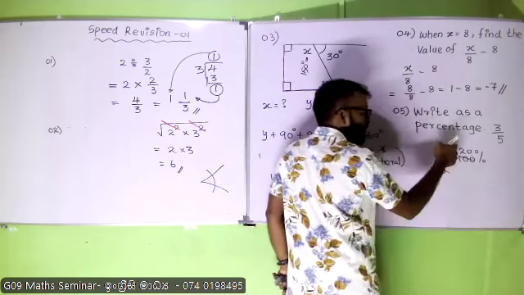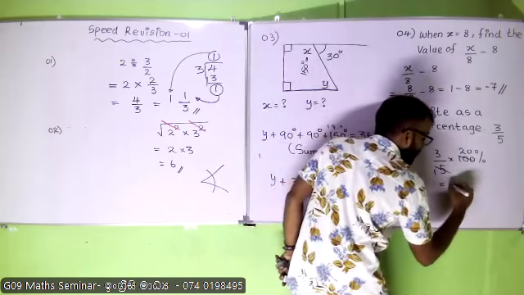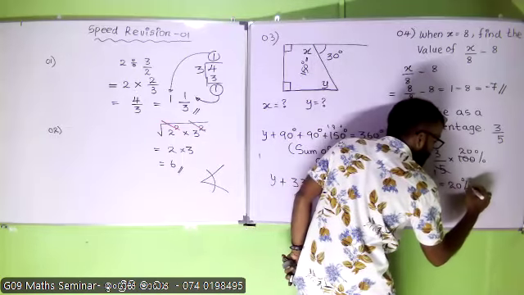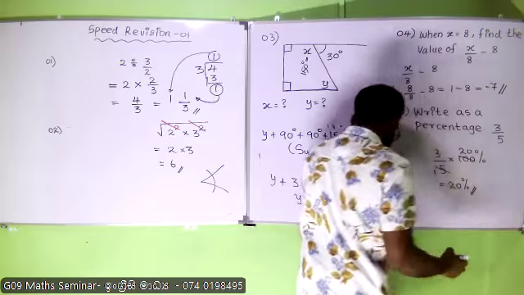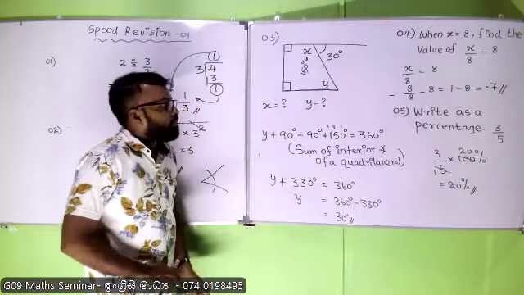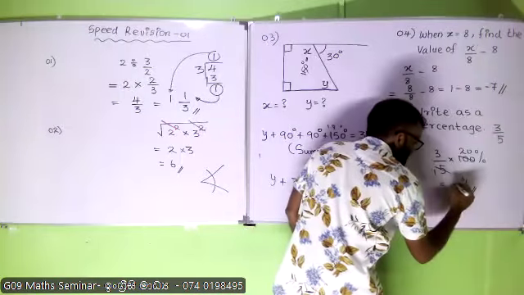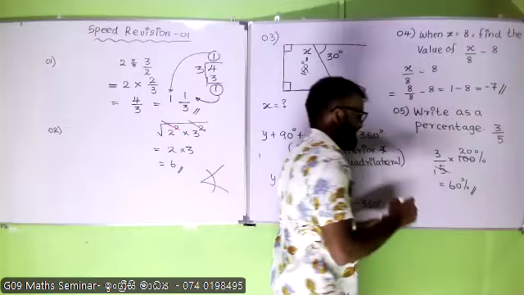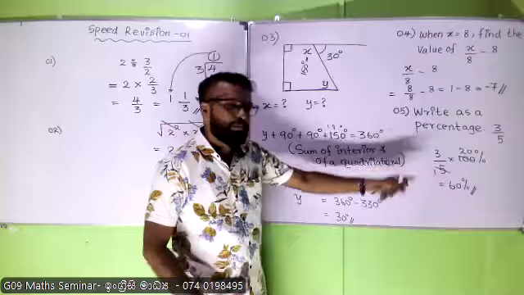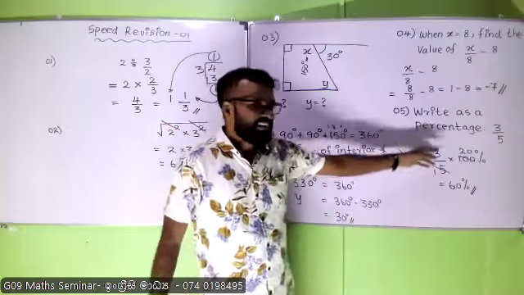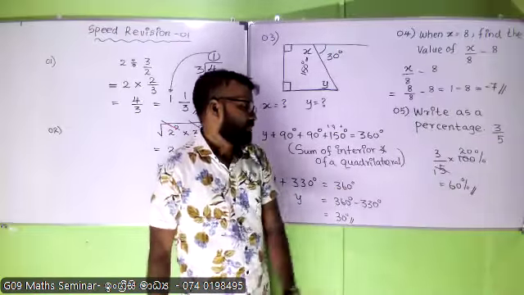So numerator 20 times 3. Your final answer is 60%. Yes, 60. 3 times 20, 60%.